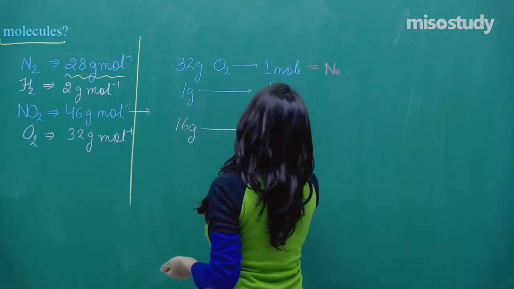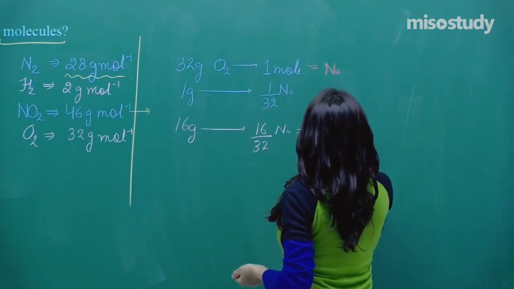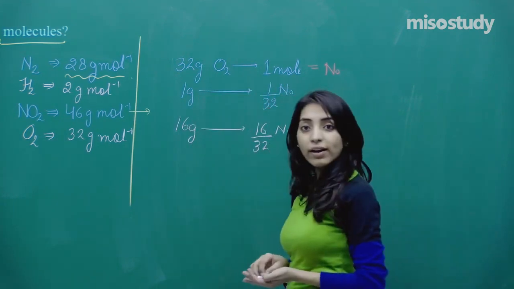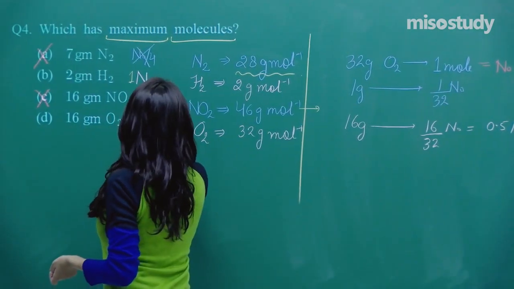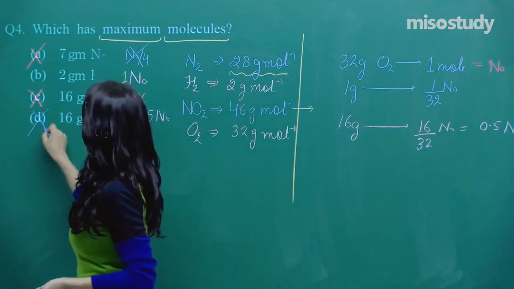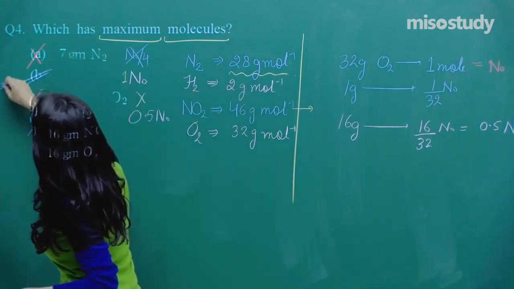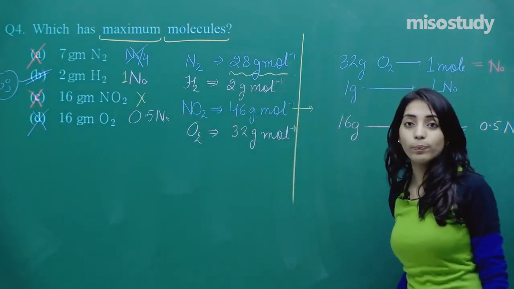So that will be 16 by 32 into N naught, which is 0.5 N naught. But 0.5 N naught is again a number smaller compared to N naught. So guys, we are left with B option as the correct option for question number 4.